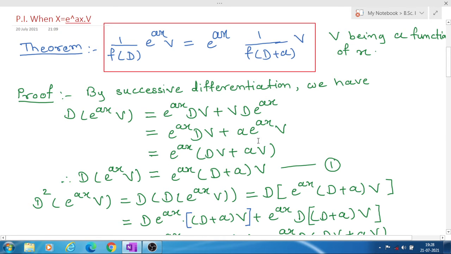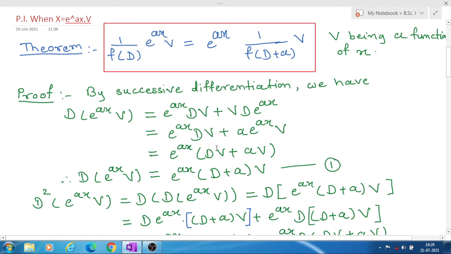From these two terms we can take e raised to ax as common, and we write it on the left side because it is not an operand. Here D is operated on v, so e raised to ax is not the operand and we can take it outside the bracket.